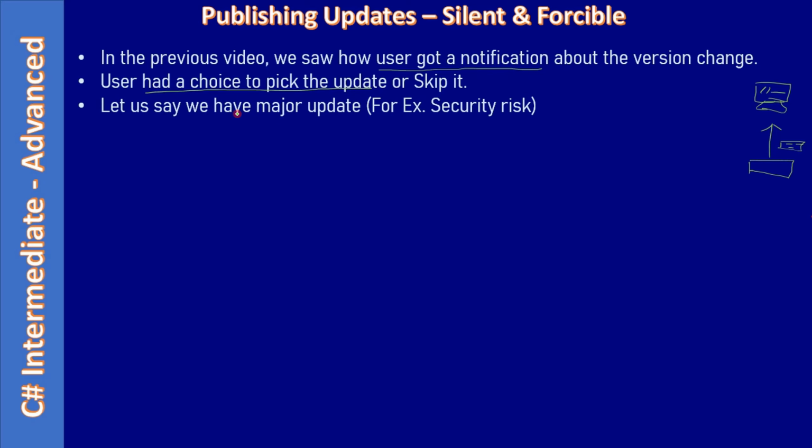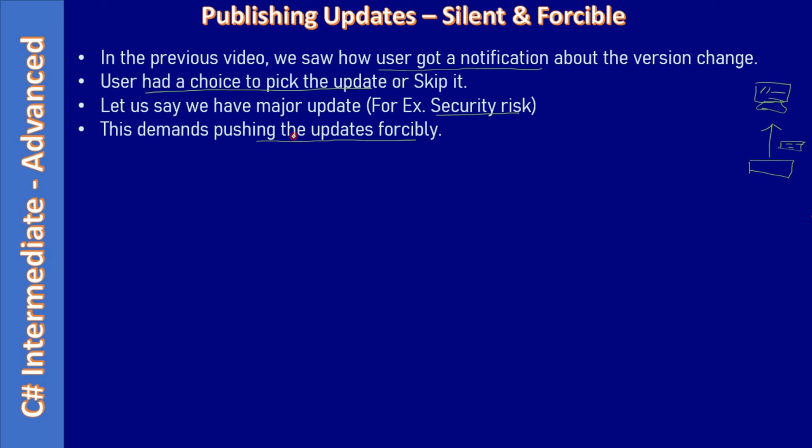Let's say we have a major update. It can be a security risk or some useful update that we want the client to have, and we don't want to provide the option to skip that specific update. This demands pushing the update forcibly.